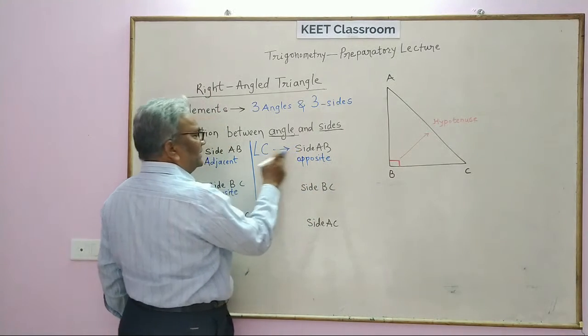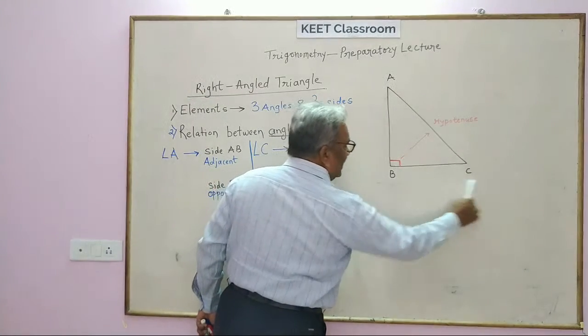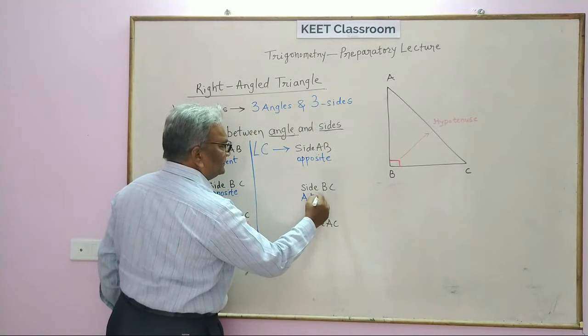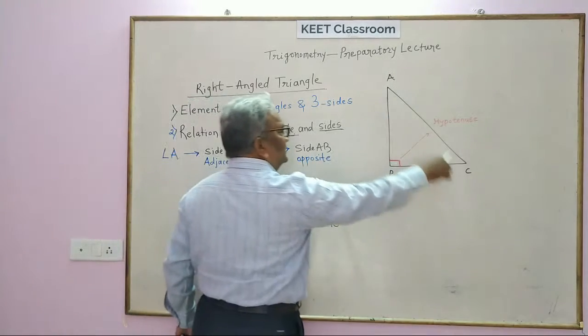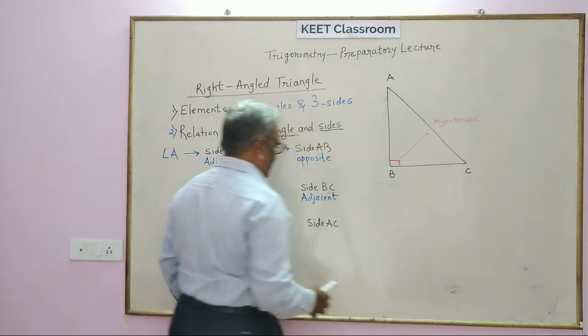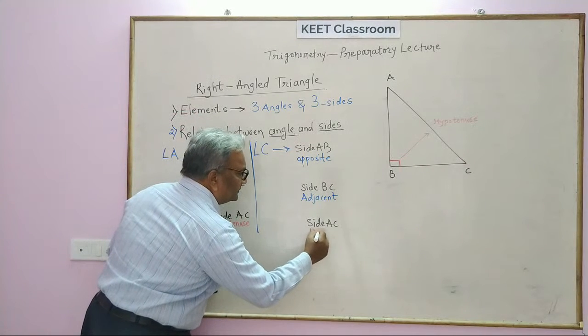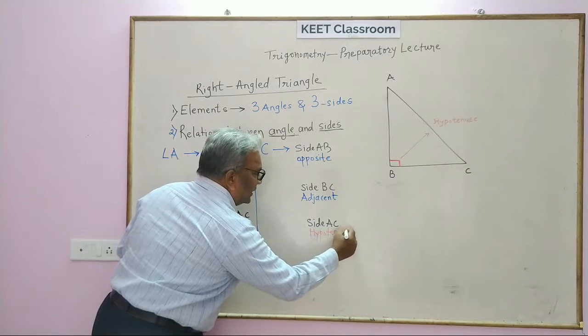So side AB is opposite to angle C. Then for angle C, side BC is the adjacent side and side AC is compulsorily the hypotenuse. Therefore, we write here hypotenuse.